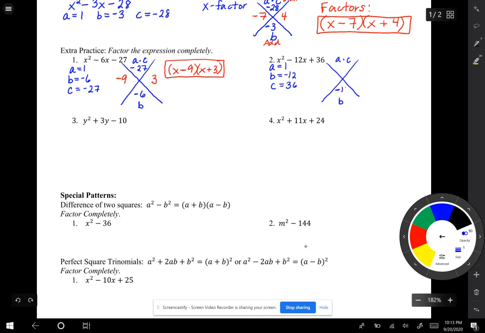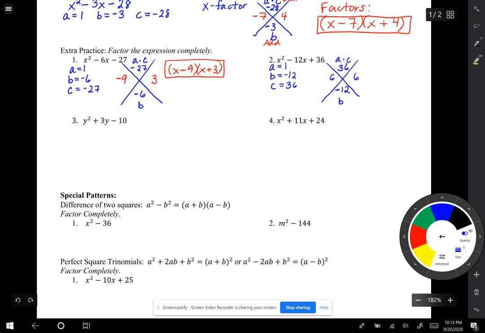So B is negative 12, A times C, that'd be 1 times 36. And then this one, the bigger the number is on top, the harder it is to try and figure out the sides. But when I think of 36, I think of 6 and 6, 2 and 18, and 4 and 9. Well, I know 4 and 9 will never give me negative 12, but I know 6's will.